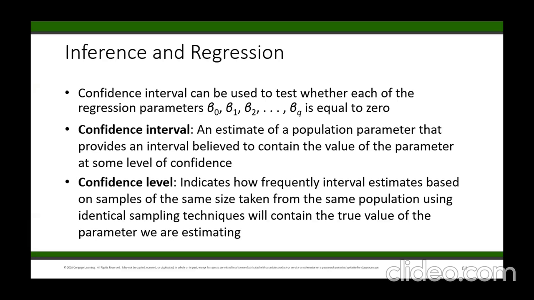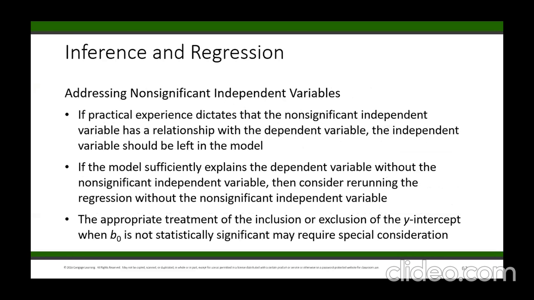Before talking about the third one, let's talk about other important issues. For example, what do we do if we have a non-significant independent variable? What happens if, at the first step, when we check the p-values, the p-value is greater than alpha?